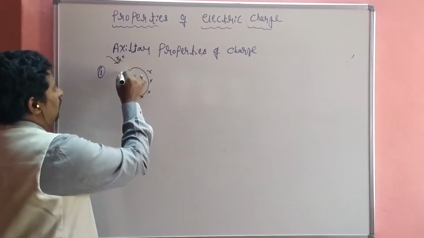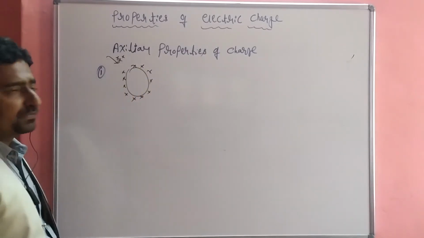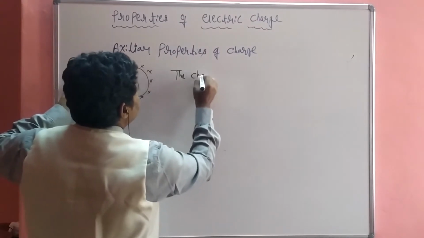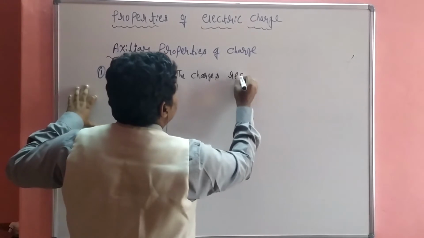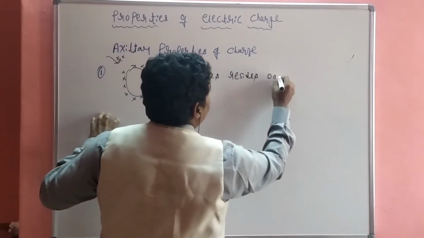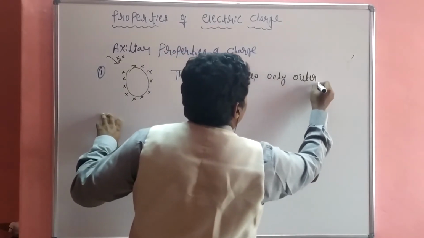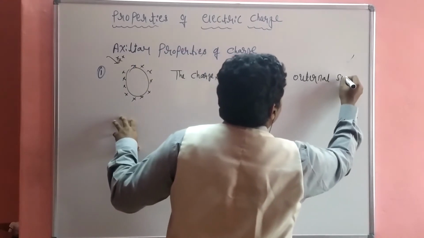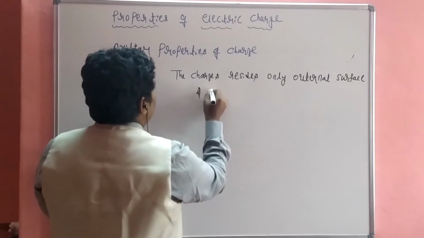The charges do not go to the inside of the conductor. That means the charges reside only on the outer surface of the conductor.